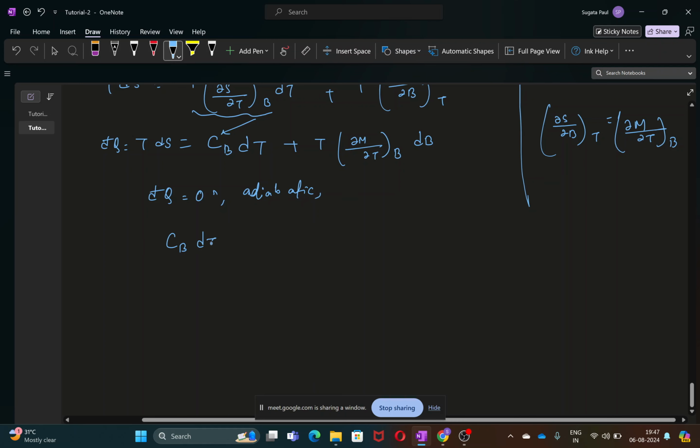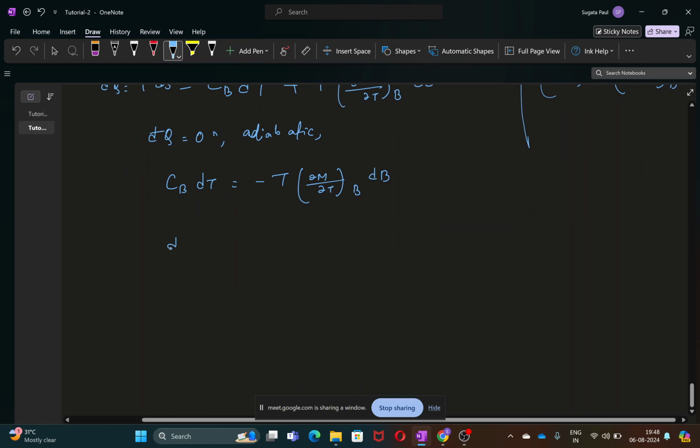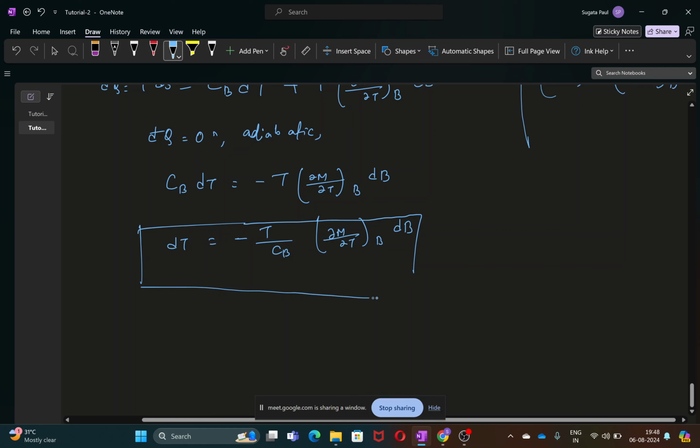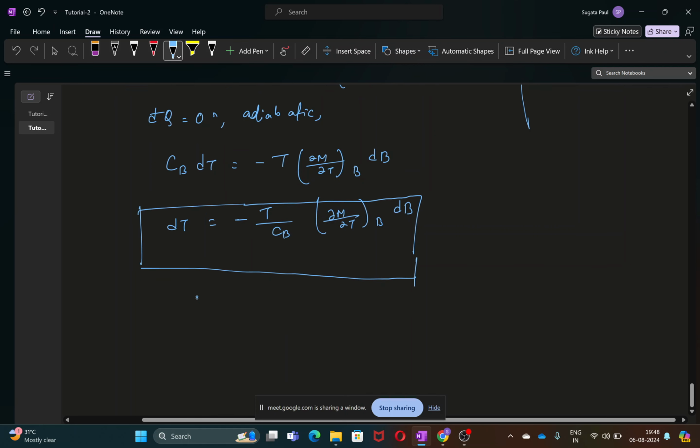So by this method, CB dT equals minus T del M del T at B dB, or in other terms dT equals minus T by CB del M del T at B dB. So you can see the temperature is decreasing in this method. So dT is negative.